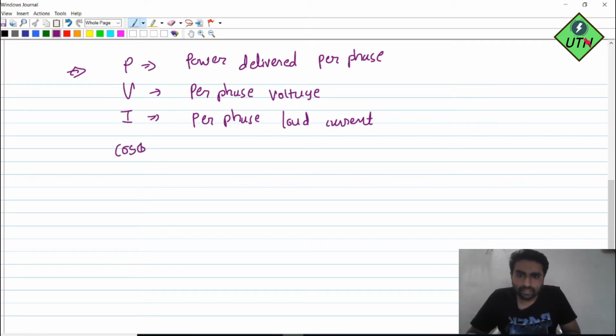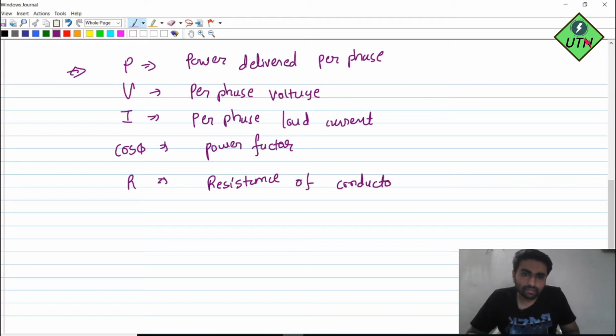Similarly cos phi is our power factor. Then we have resistance R, that is the resistance per line, or the resistance of the conductor.